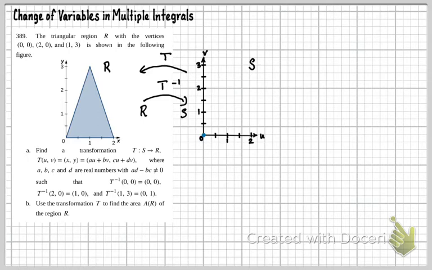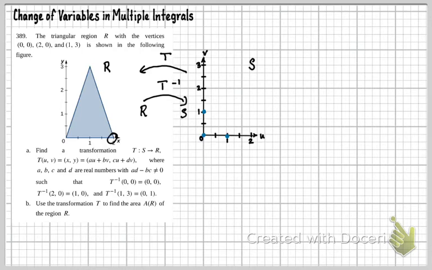And then the next point they said is (2, 0). Now (2, 0) is here, and they say it's going to map to (1, 0). So that will be here. And then the last point that they have is (1, 3), and (1, 3) maps to (0, 1), which is going to put me here.